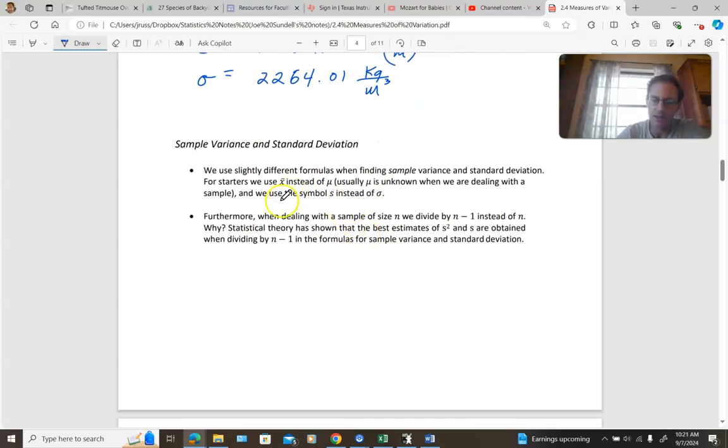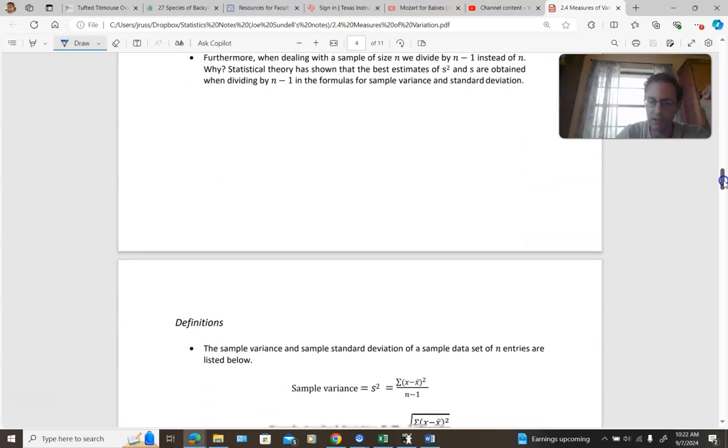And then the last thing that's different is instead of dividing by the sample size, you would actually divide by the sample size minus 1. The reason for that is sort of beyond the scope of this course. The variance, instead of being denoted with sigma squared, will be denoted by s squared, which makes sense because we're using lowercase s for the standard deviation.